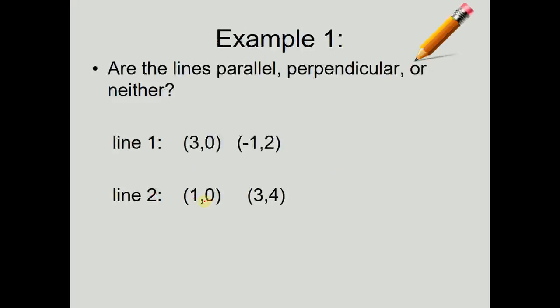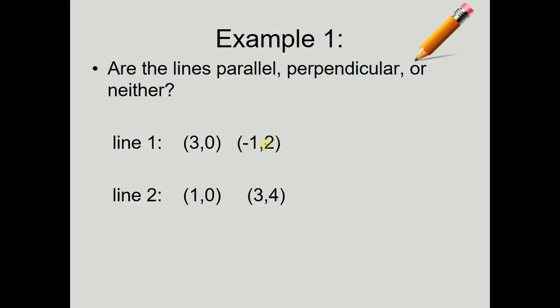Now, let's actually look at an example. I have these two lines that go through these 2 points. I want to know, are these lines parallel, perpendicular, or neither? What do I need? I need slopes. So let's find some slope here. I have the point 3, 0 and negative 1, 2. That is located on line 1.